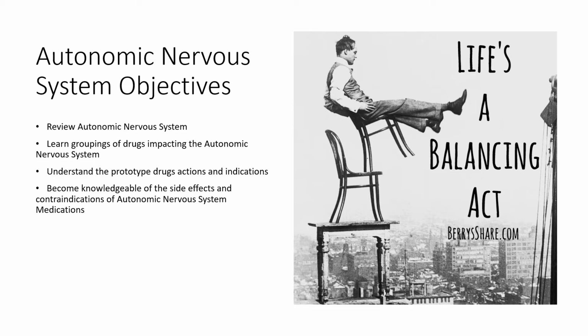I will review the autonomic nervous system in this module again. I know we did it in the last module, so you can skip the slide if you want to.